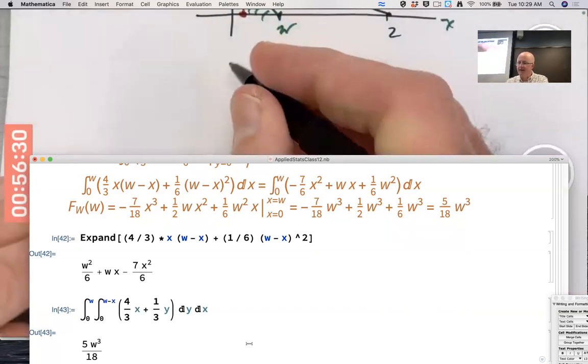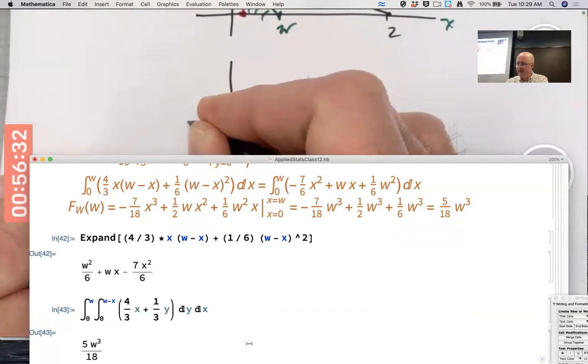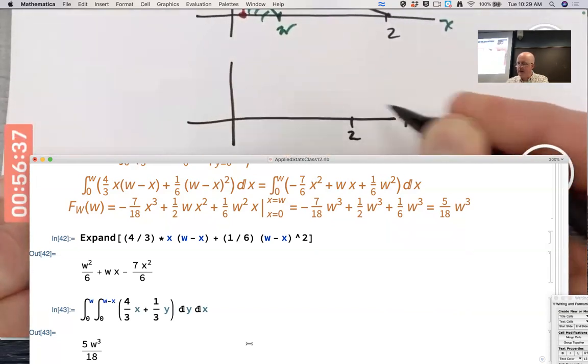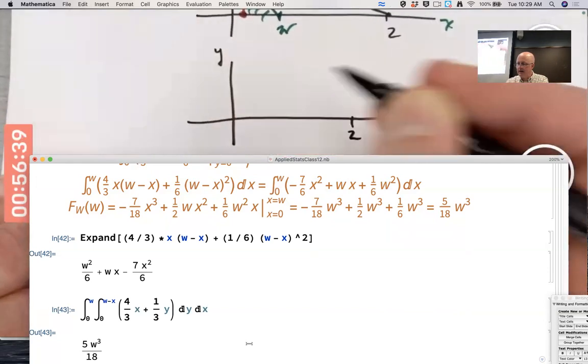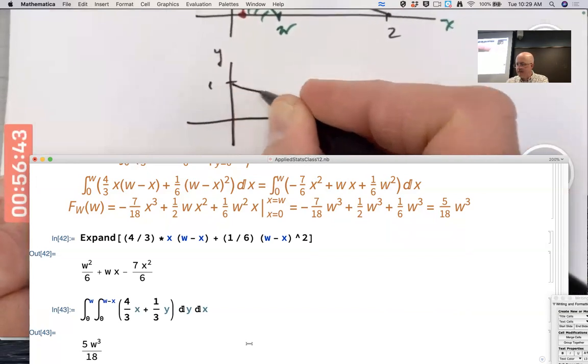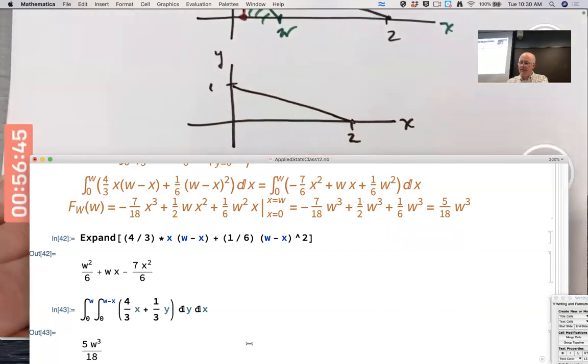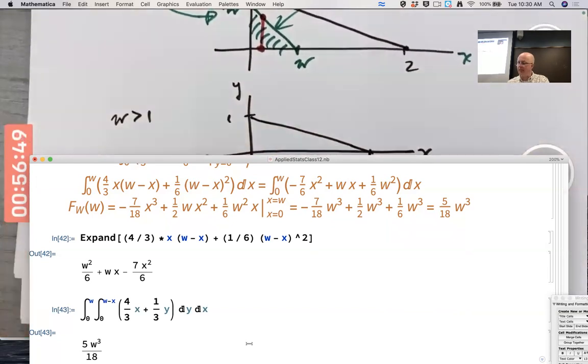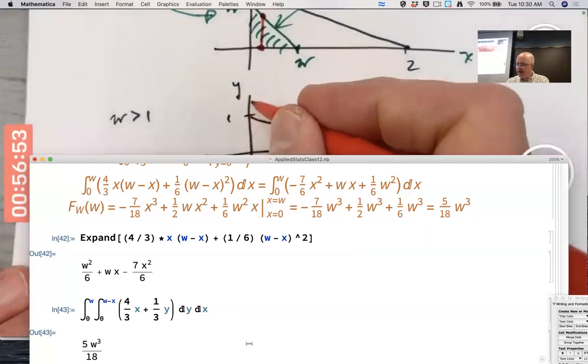Another drawing. I'm not doing this very well. If W is bigger than 1, if it's a little bit bigger than 1, what does the new triangle look like?